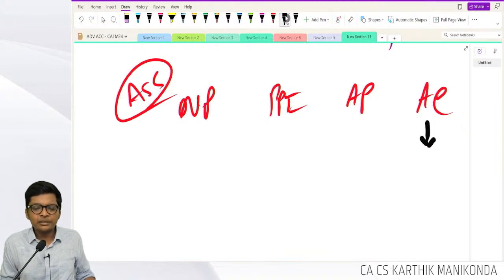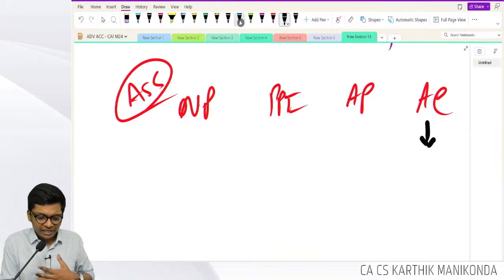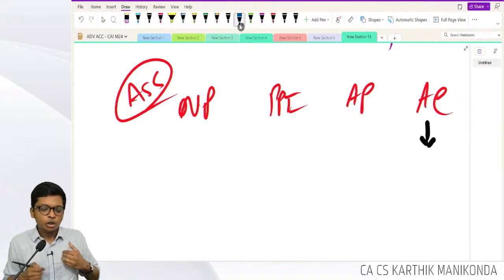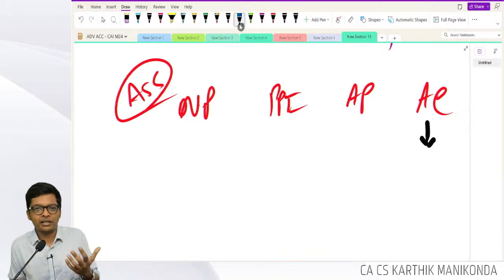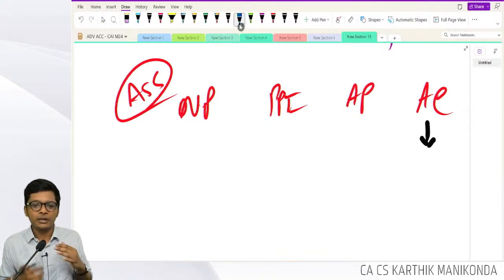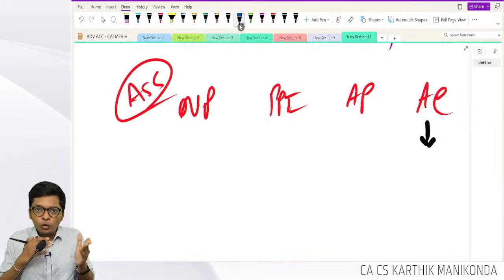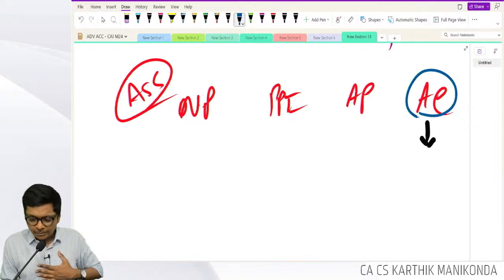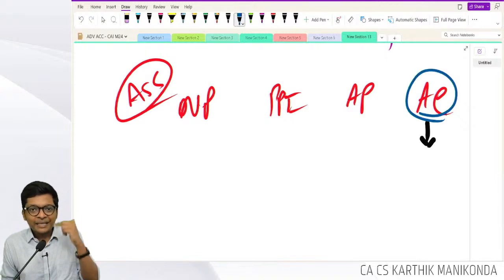So all these estimates keep happening, and these estimates keep changing. Today, let's say Vijay Mallya is my debtor. He is now in India, so I provided a small estimate of 5% provision. Vijay Mallya left India. Now I have to increase my provision because I'm doubtful if he will pay. So accounting estimates basically keep changing.